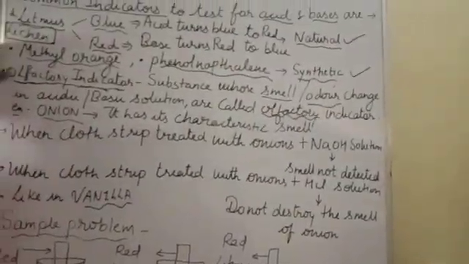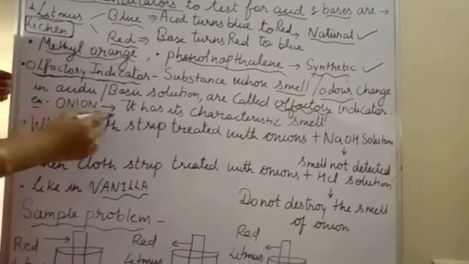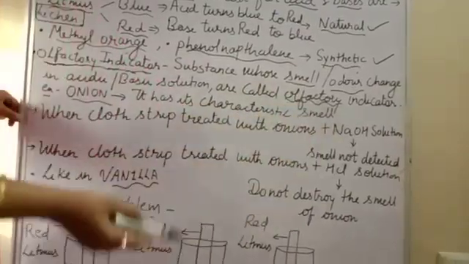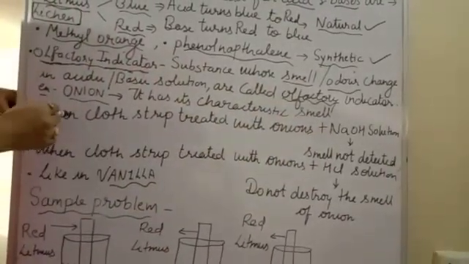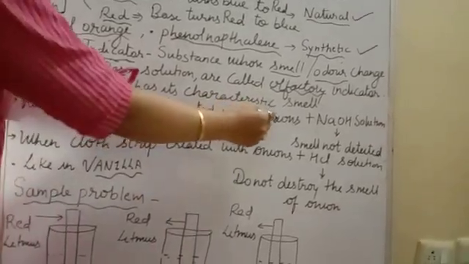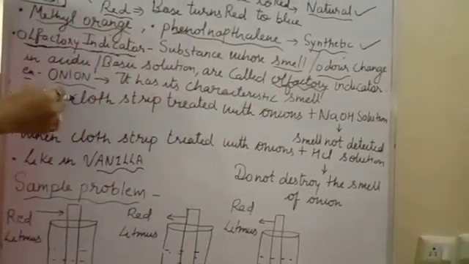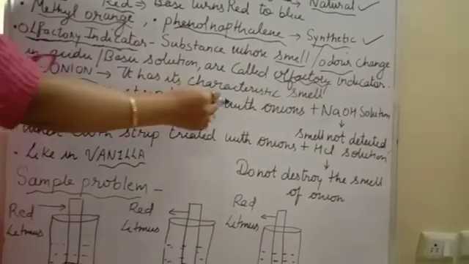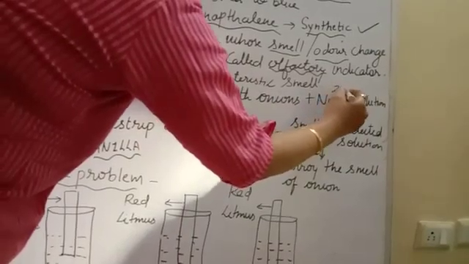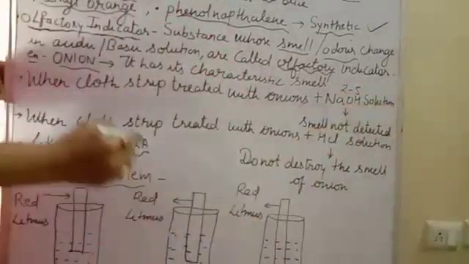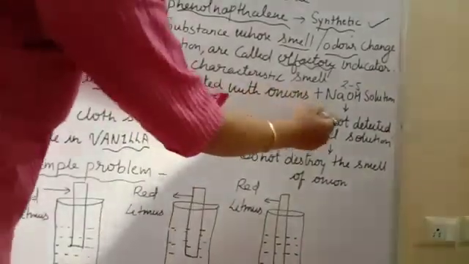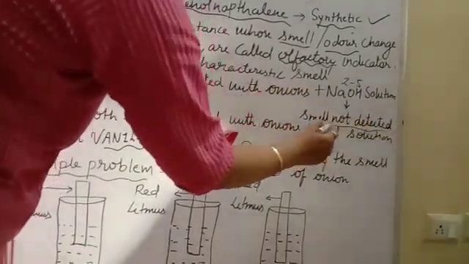Now, we take the example of onion. Onion, you all know, has its own characteristic smell. But when a cloth strip is treated with onion and kept overnight, and you add a few drops of NaOH solution to this cloth strip, you could not detect the smell.